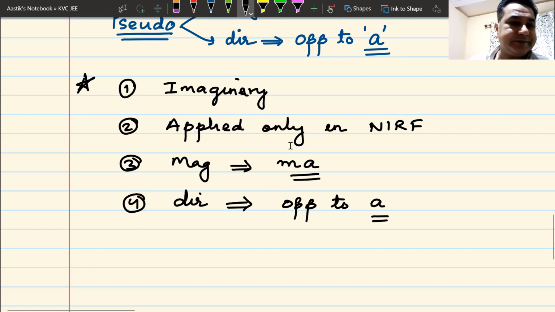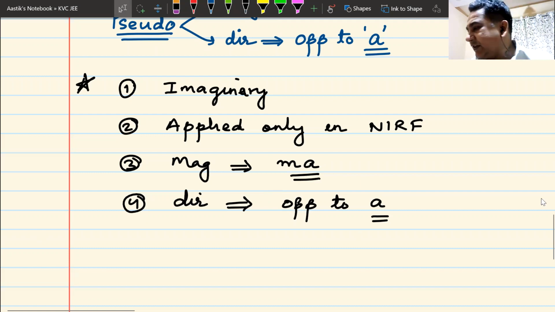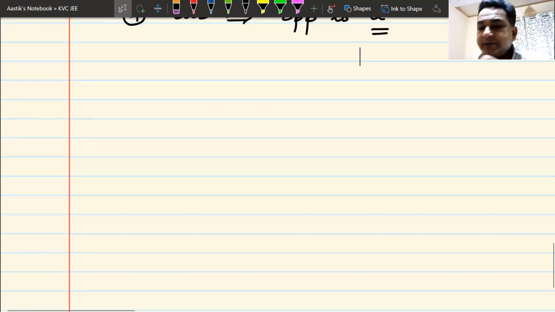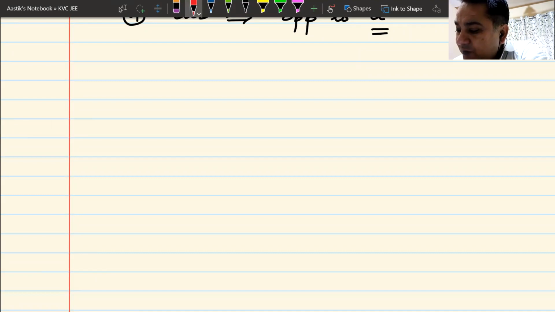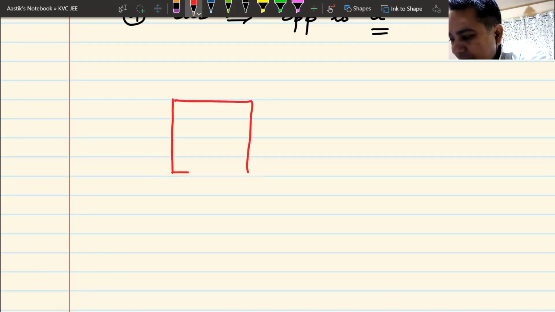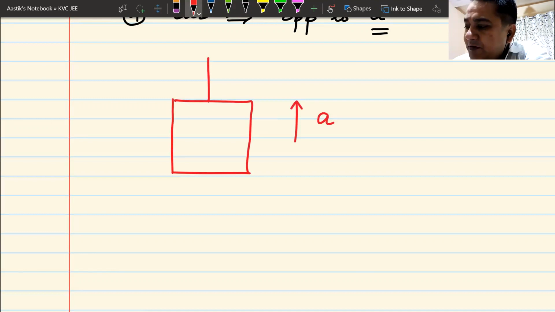Now let us go back to the case where I had this red lift, and this red lift was accelerating upwards.